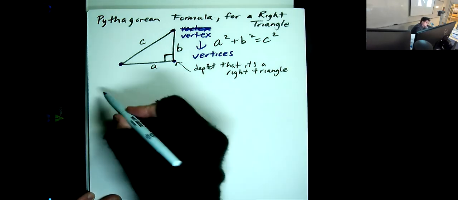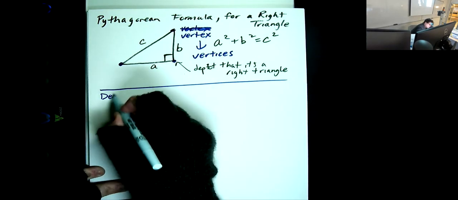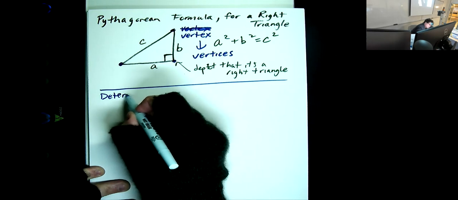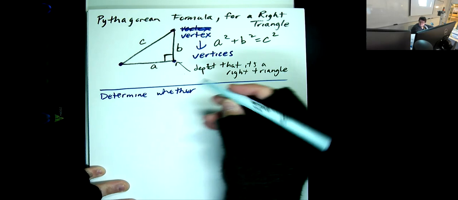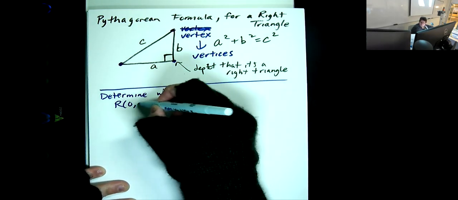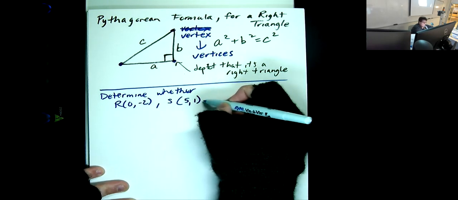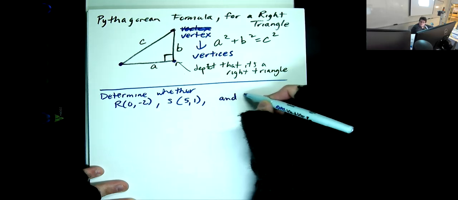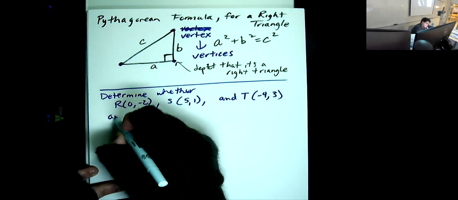That's just extra fun information for you. Determine whether R being (0, -2), S being (5, 1), and T being (-4, 3) are the vertices of a right triangle.